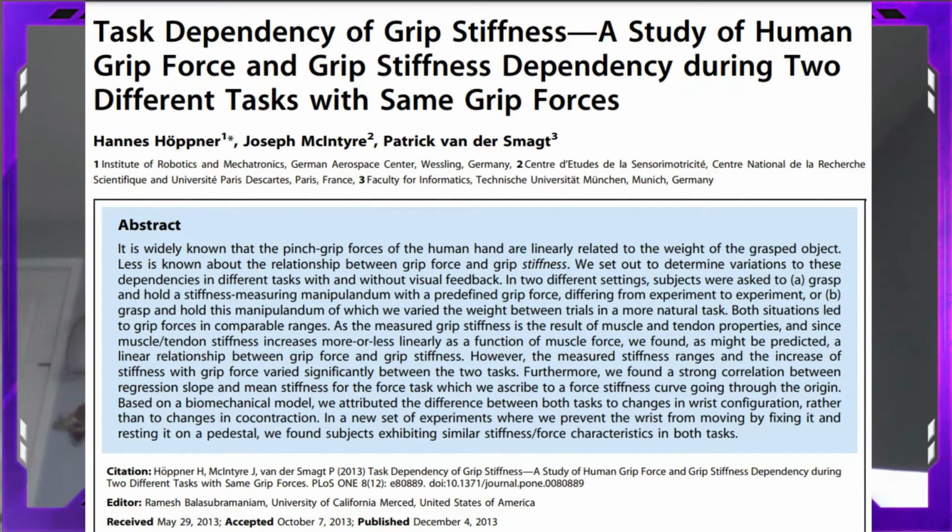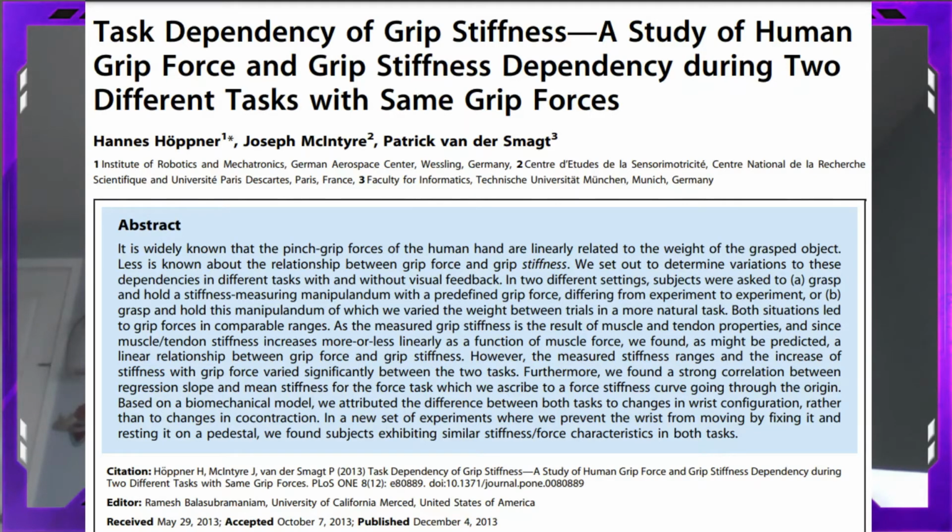In two different settings, subjects were asked to A, grasp and hold a stiffness measuring manipulandum with a predefined grip force, differing from experiment to experiment, or B, grasp and hold this manipulandum of which we varied the weight between trials in a more natural task. Both situations led to grip forces in comparable ranges.